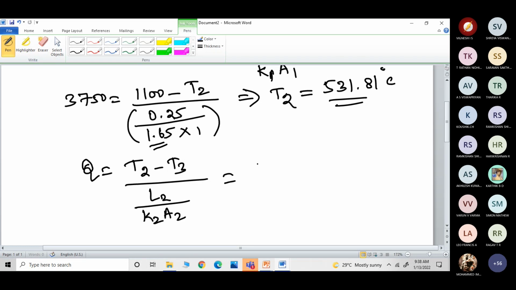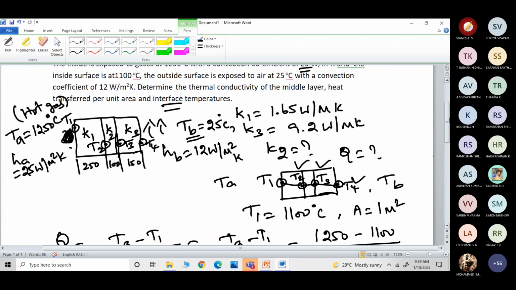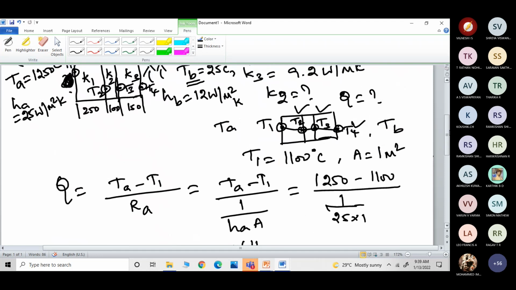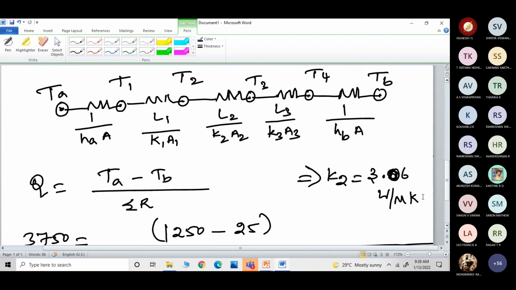So T2 we have got 531.8 minus T3. And what about the thickness of the second layer? How much is it? 100 mm. Okay, so 0.1, and we have found out K2 as 3.06.